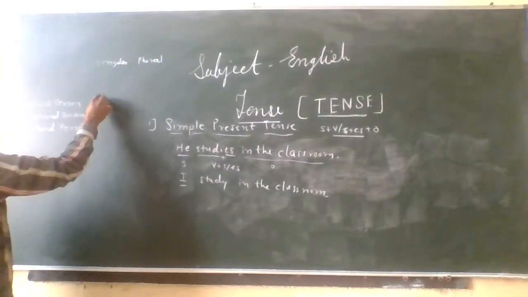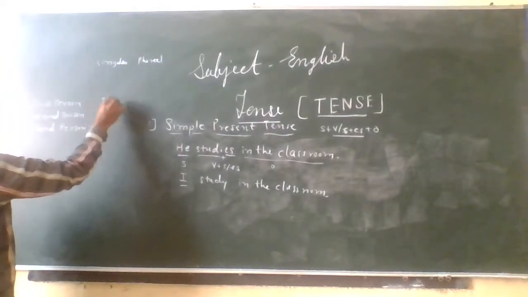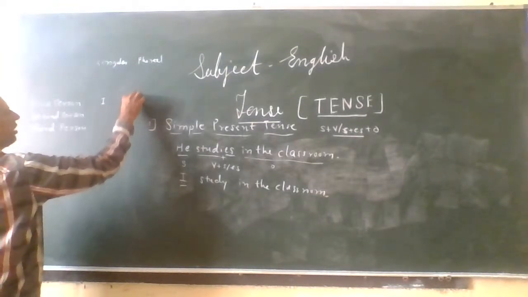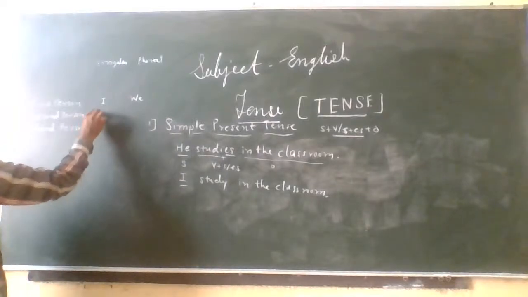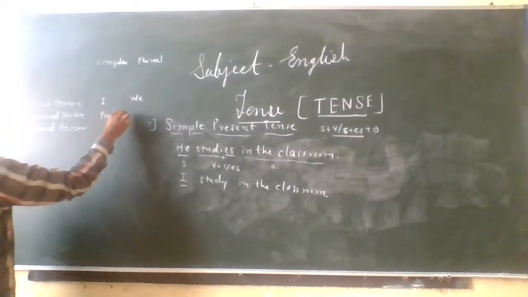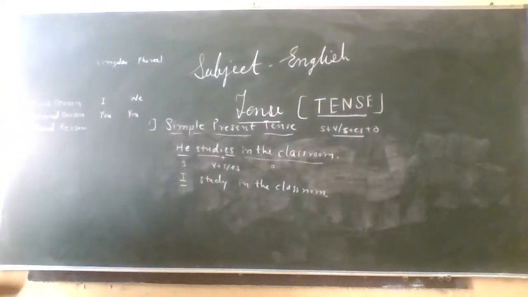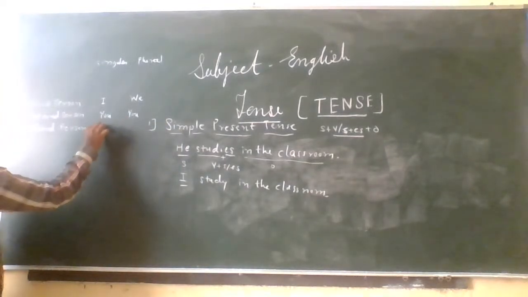First person singular is I, first person plural is we, second person is you, second person plural is you, and third person is he.